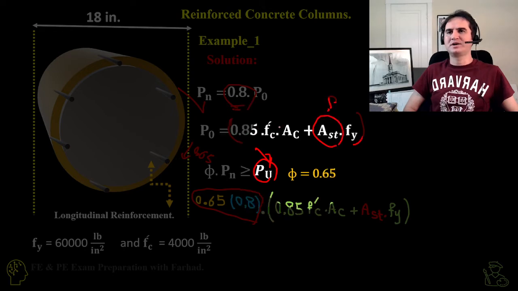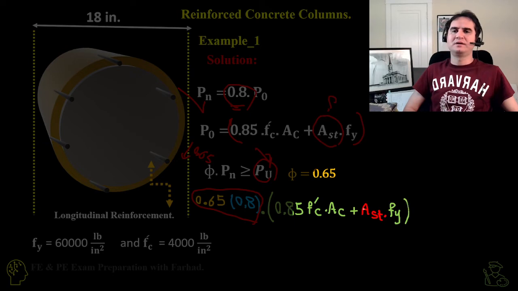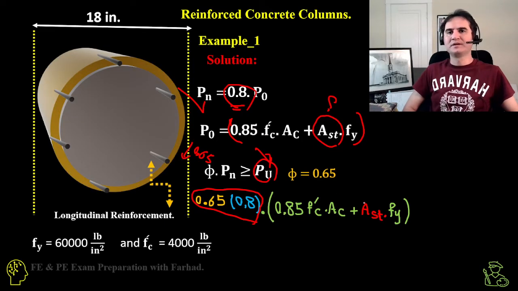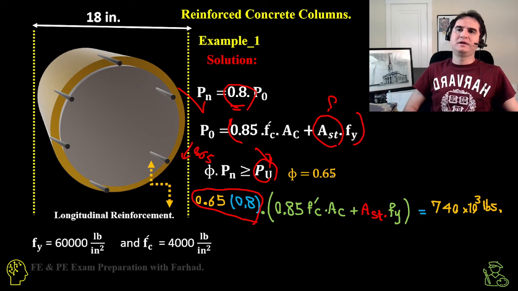We have the same, plus Ast, the area of longitudinal rebars, times Fy, the yield stress of steel. And that should be at least equal to Pu, the ultimate load, which we calculated to be 740 kilopounds.